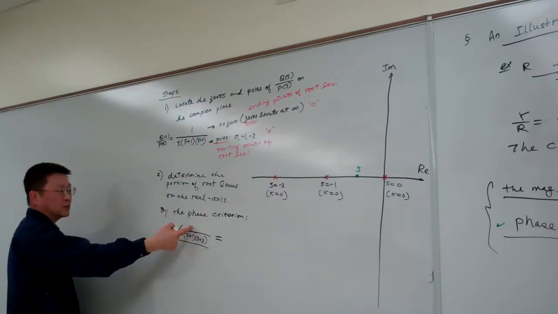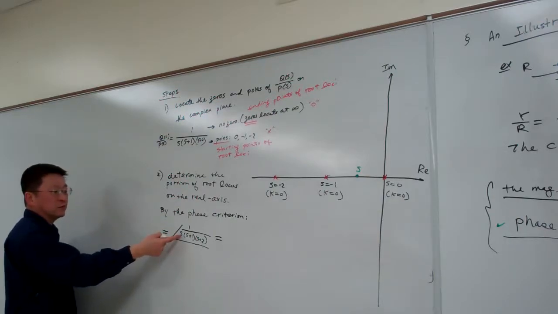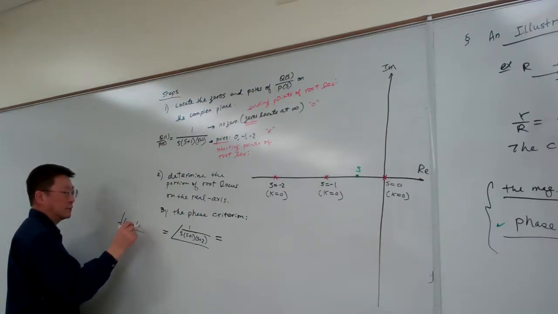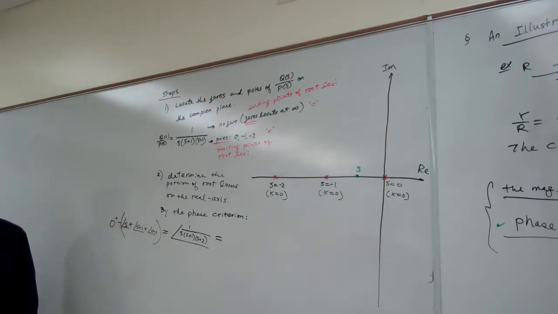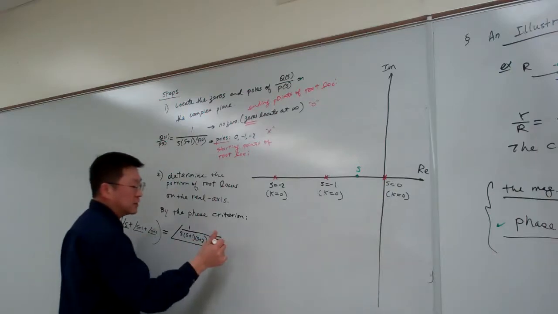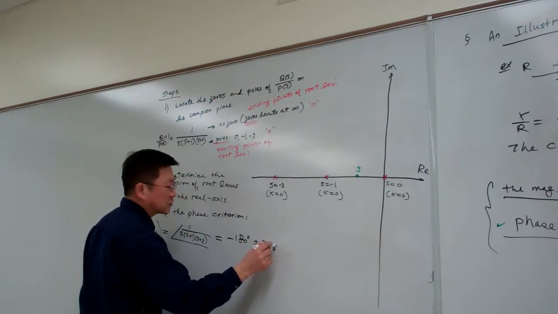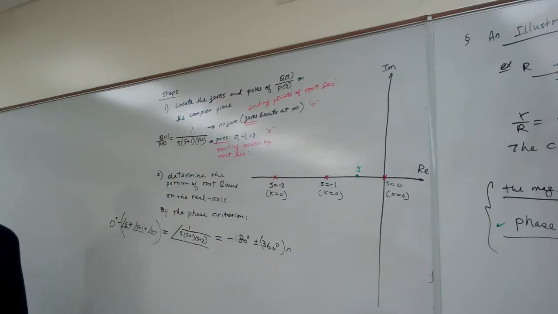Basically, it is the phase of the numerator, which is 0, minus the phase of the denominator, which is S. Right? Good. On the other side, this one is minus 180 degrees plus or minus 360 degrees times n. N is any number. Okay, so that is one.